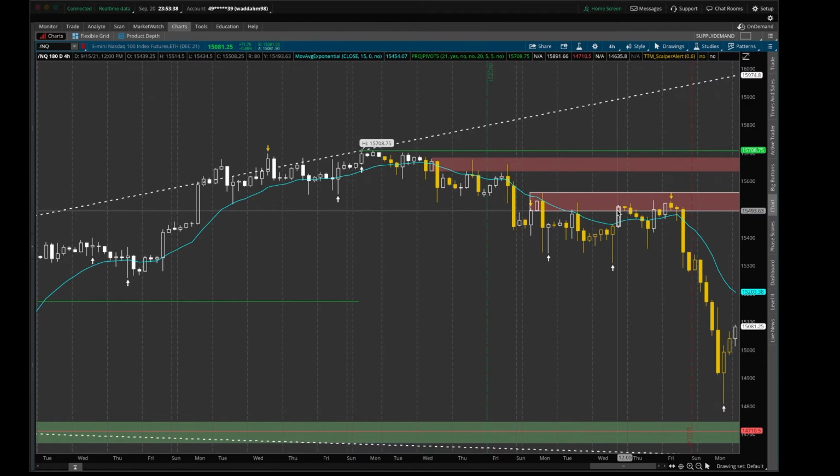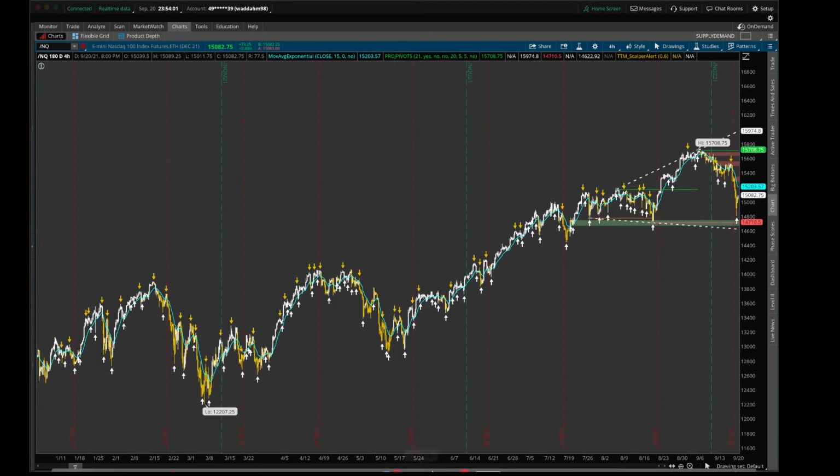And we retested this supply zone multiple times, probably about 4 times before we got to see the real move to the downside. Here's another one right there, consolidation followed by a sharp drop. This would be a valid one too. That's how they're charted.